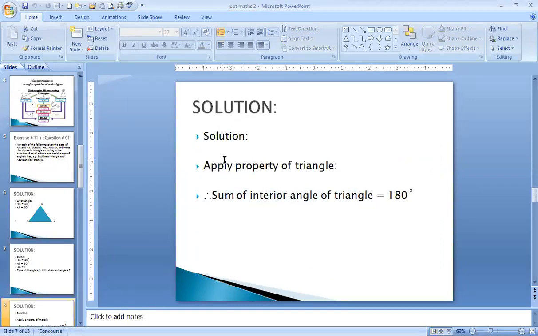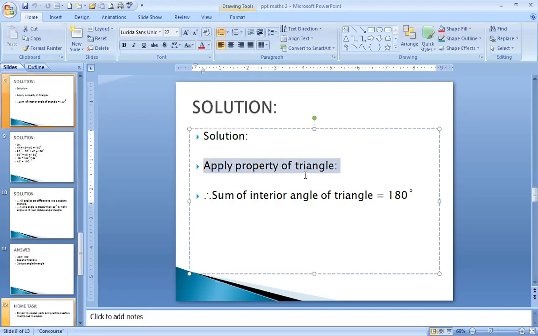Now we solve our exercise question by applying this property of triangles, which says that the sum of the interior angles of a triangle equals 180 degrees.